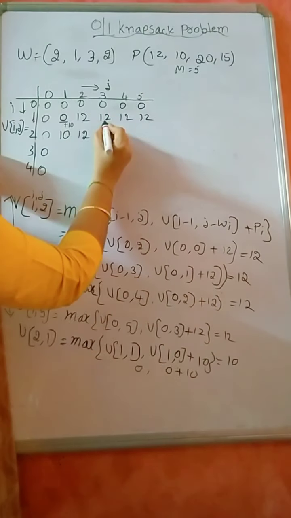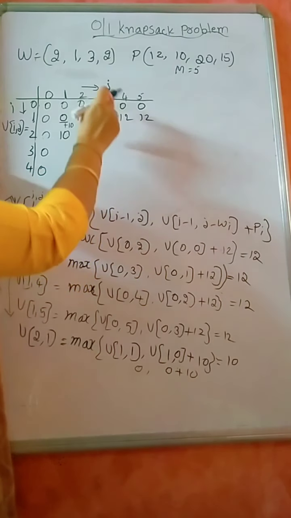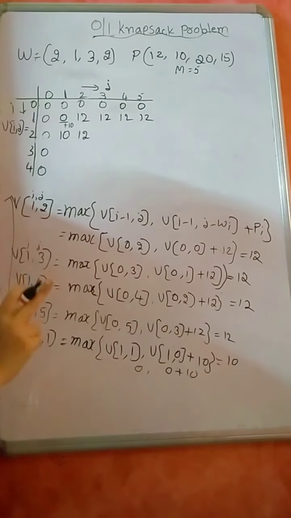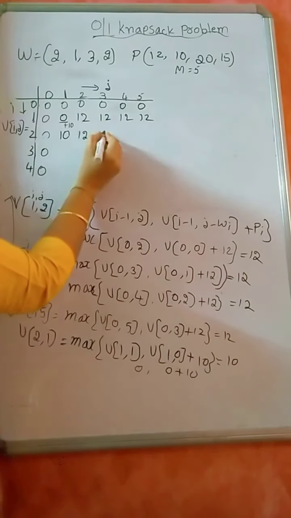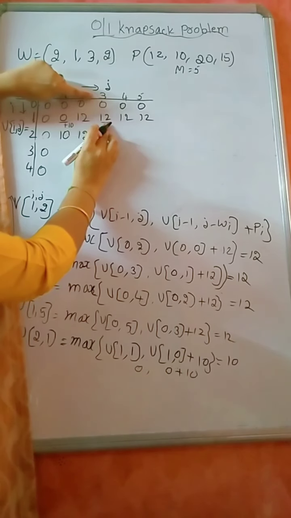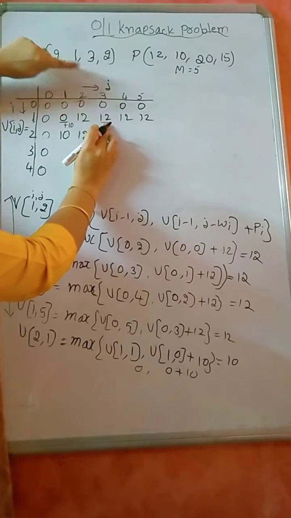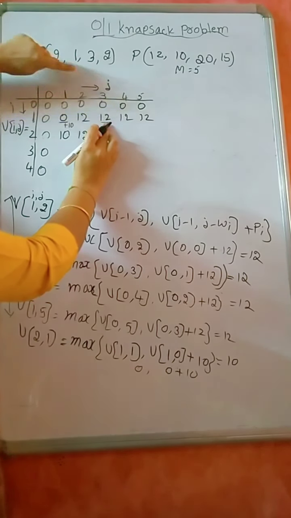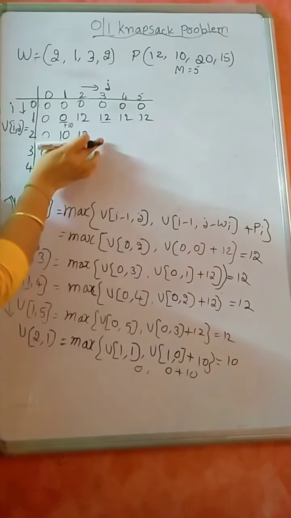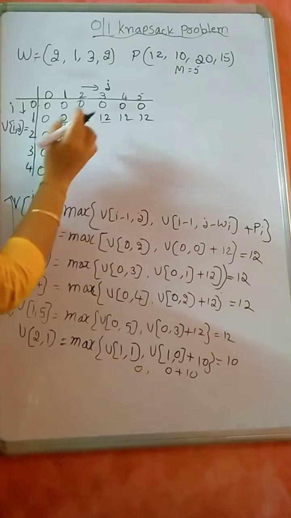So now I will consider this entry. Remaining capacity 3. What is the weight of the second object? 1. So which case? Third case. Third case means it is the previous profit or the J minus Wi entry. What is J? 3. What is Wi? 1. 3 minus 1 is 2, so this entry, the second column, in the previous row. It is 12, plus the 10 you have to add.